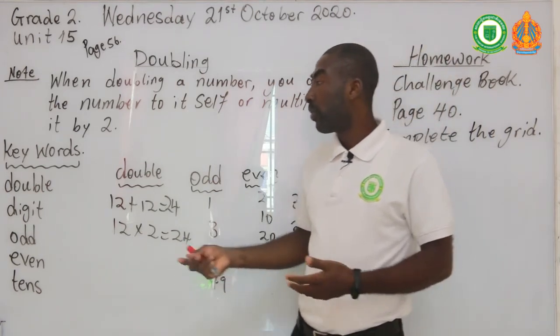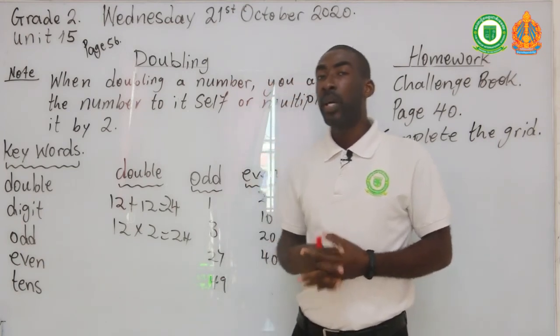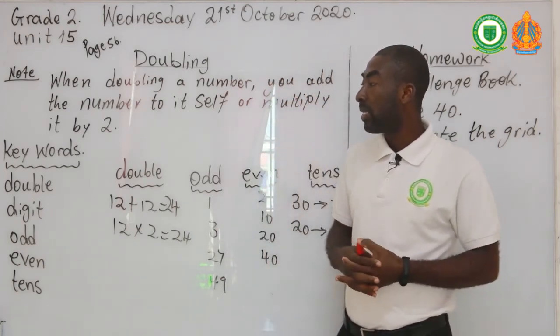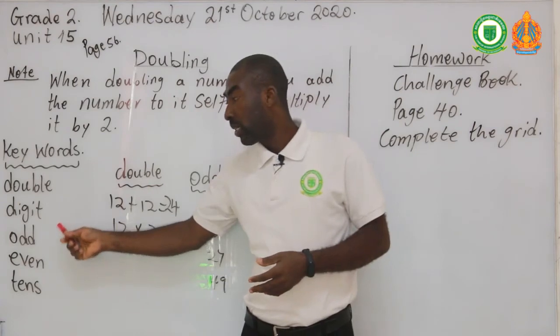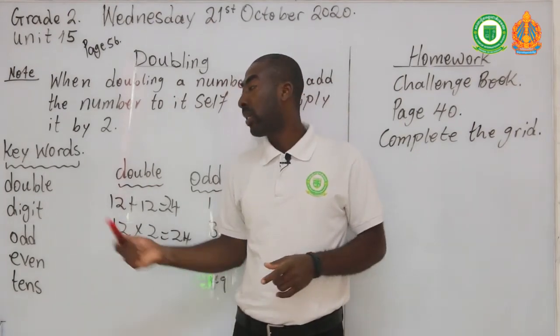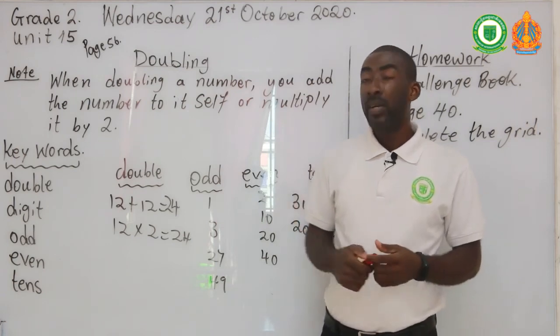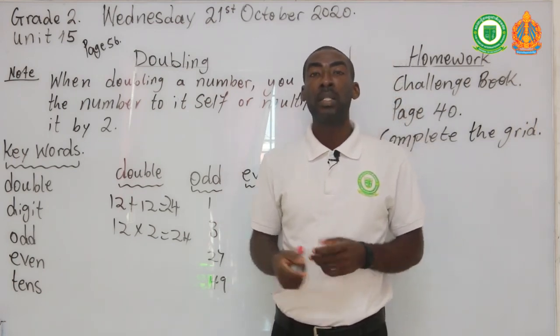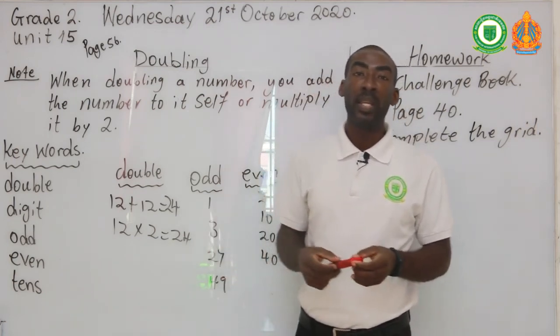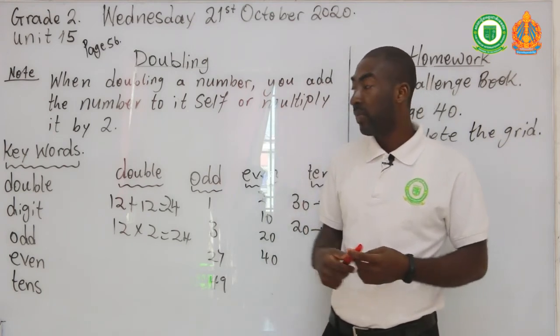We went through some keywords that help us identify what a digit is, what an odd number is, what an even number is, and then we also reminded ourselves about our number cards or place value cards.